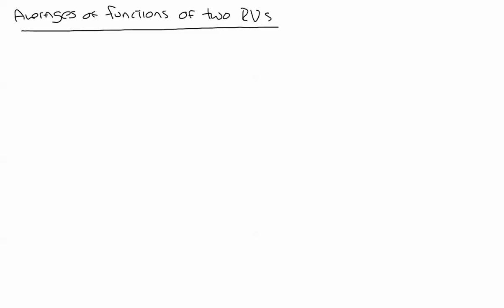I'm going to let x and y be two random variables. They may or may not be statistically independent. For the time being, let's assume that they are not. These are my two random variables. Remember, a random variable is a function. It's a function that assigns a real number to an event.